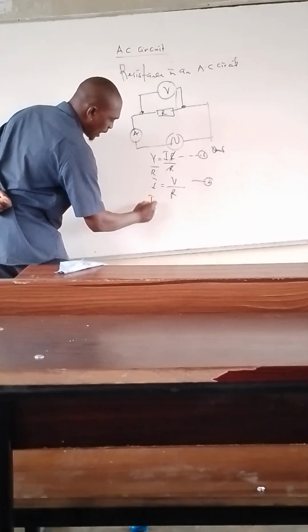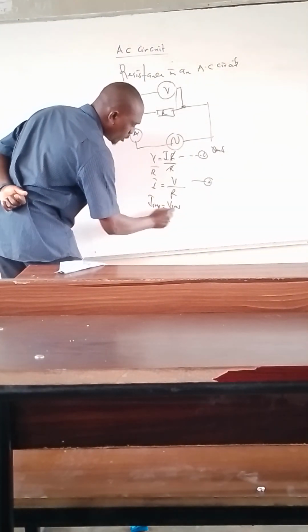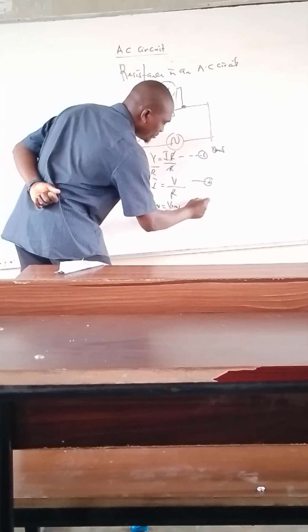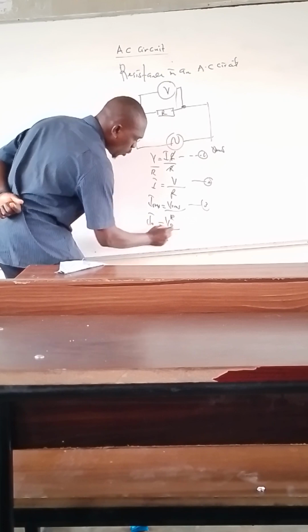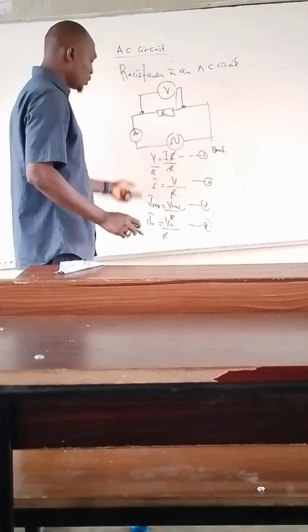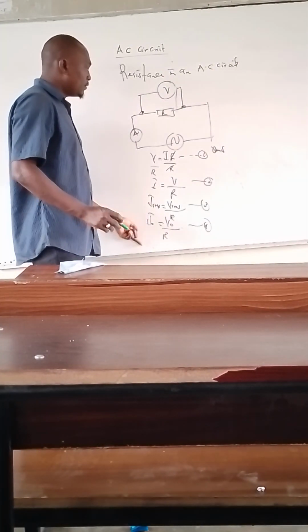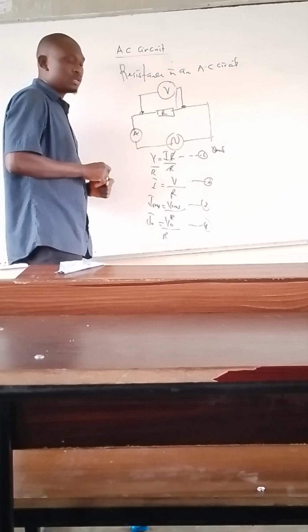So we can say I root mean square is equal to V root mean square over R, or I naught is equal to V naught over R, equation 4, depending on what you are asked. These are the formulas for resistance in an AC circuit, respectively.